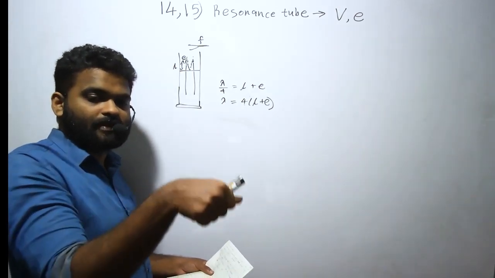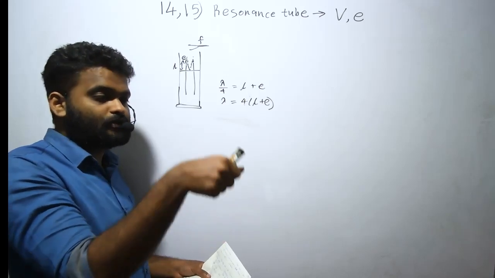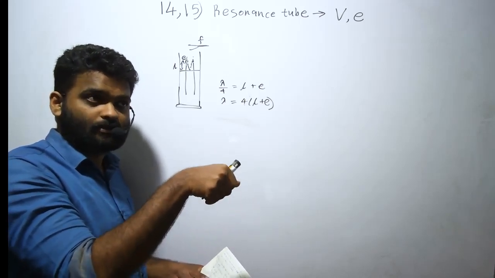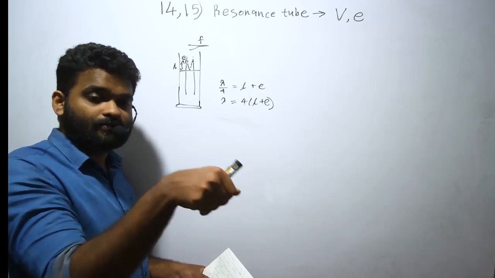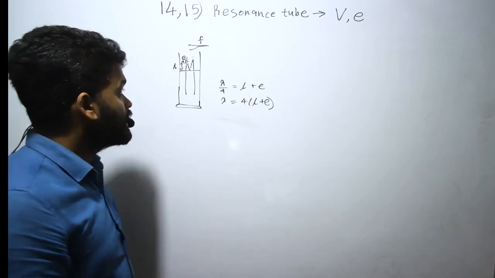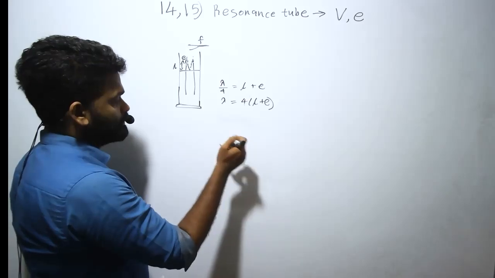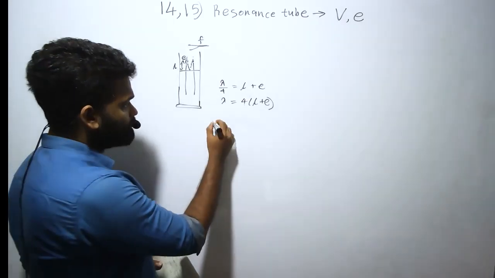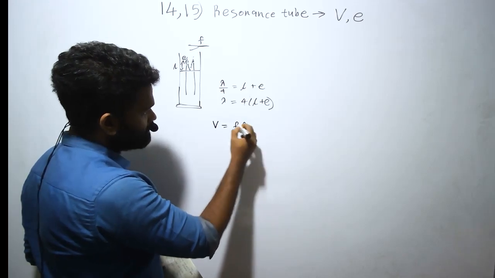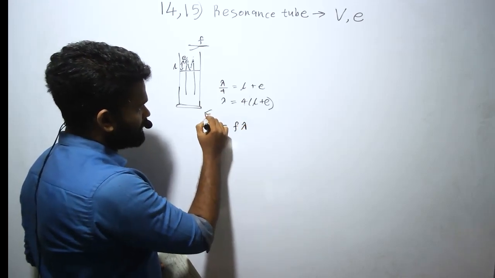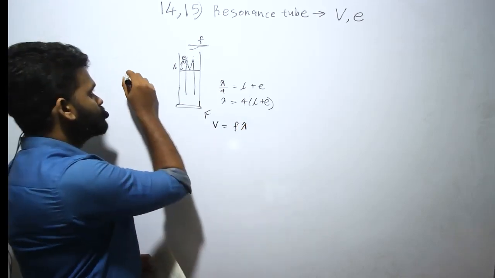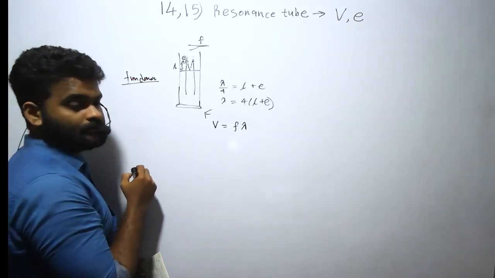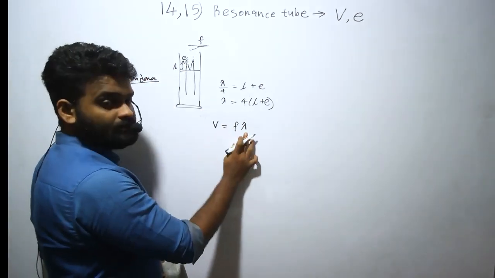I mean, you are using forks of different frequencies. So you know that we apply v equals f lambda for the fundamental, right? We are only using the fundamental. We are not using other resonances.